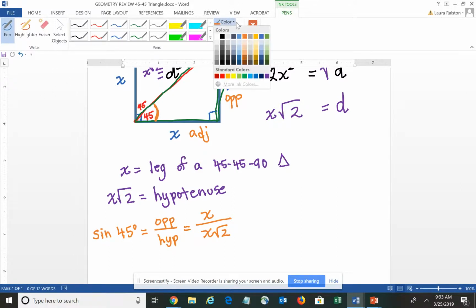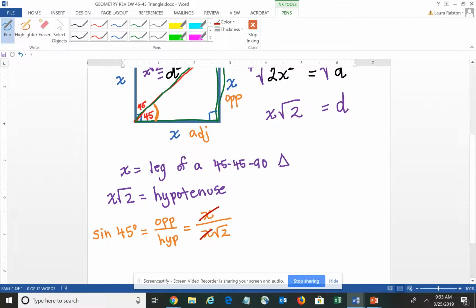If we simplify that fraction as we should, I notice that I have an x in the numerator and an x in the denominator. There's still a placeholder of 1 in the numerator, so we have 1 over the square root of 2. We never leave a radical in the denominator. We use the process called rationalizing the denominator.